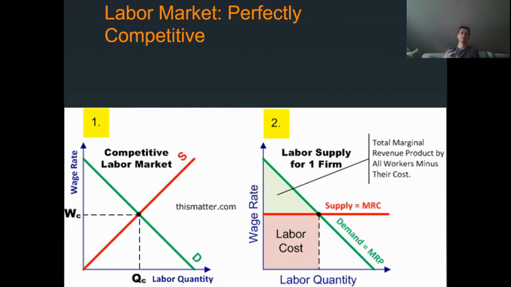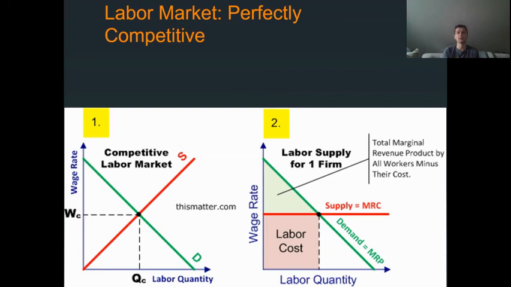So the firm, you have a horizontal or perfectly elastic supply curve. That's the marginal revenue cost or the marginal factor cost. So that is going to be perfectly elastic in this case. Supply, marginal factor cost. I prefer marginal factor cost to not confuse MR with marginal revenue. The downward sloping curve is also known as the marginal revenue product or the demand curve.